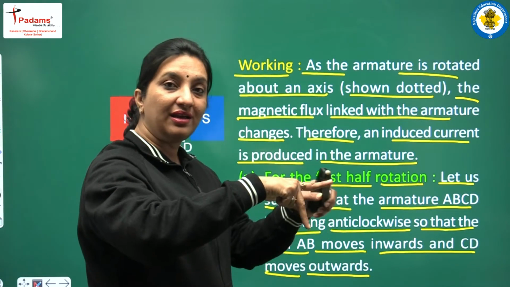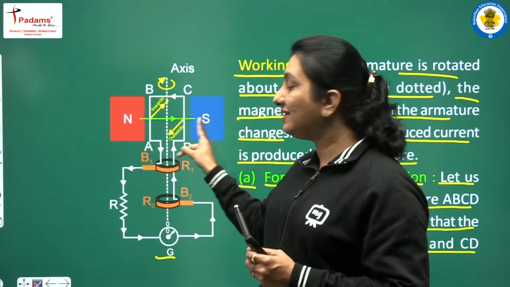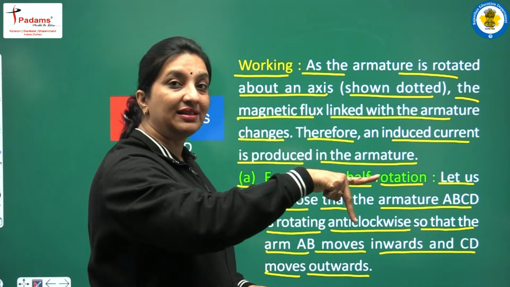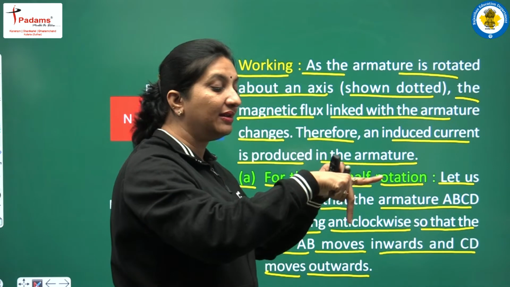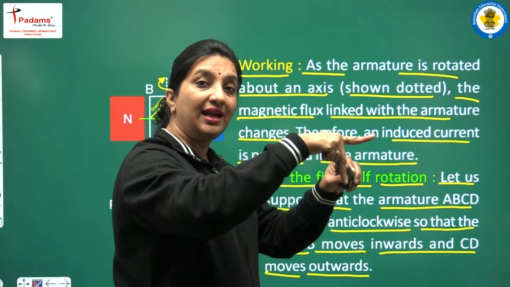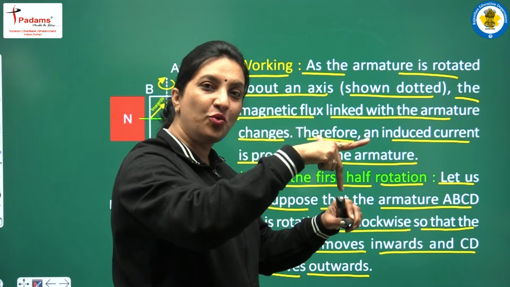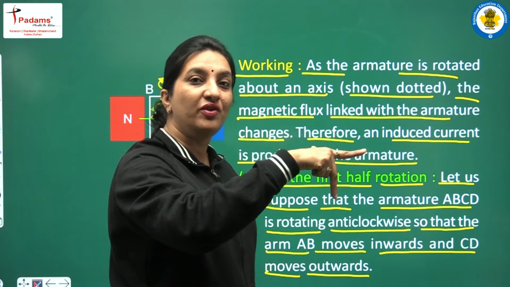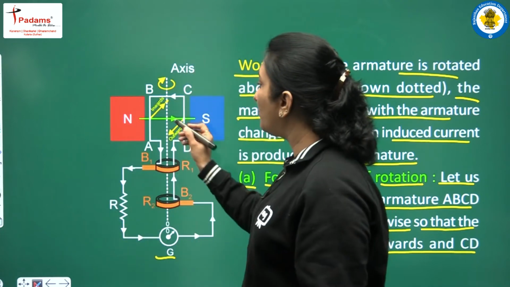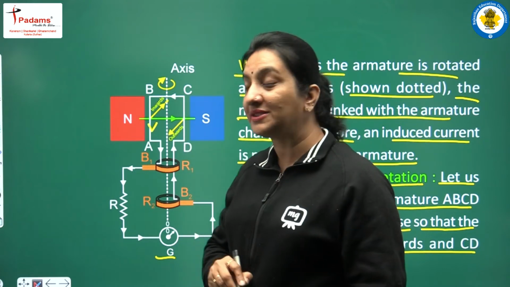So the thumb is pointing inwards and the forefinger is pointing towards the magnetic field. Then the middle finger, which gives us the direction of induced current, is pointing downwards. So the direction of induced current in the AB arm is downwards.